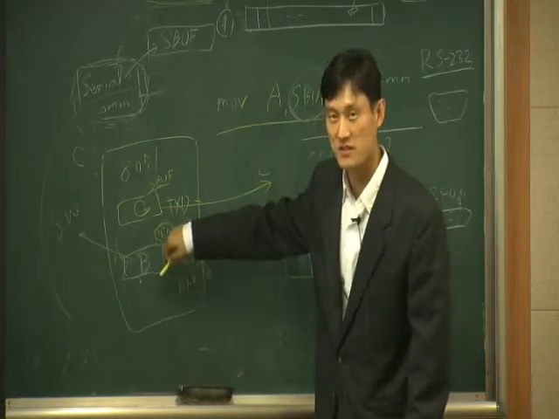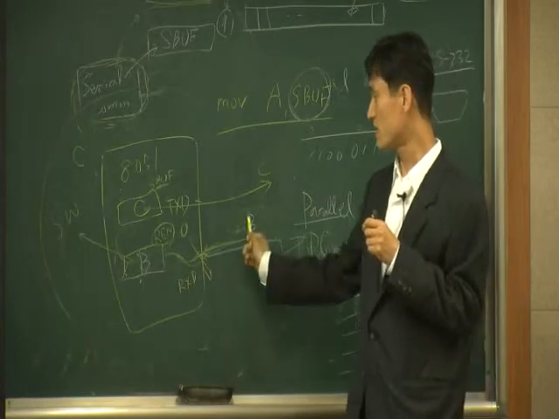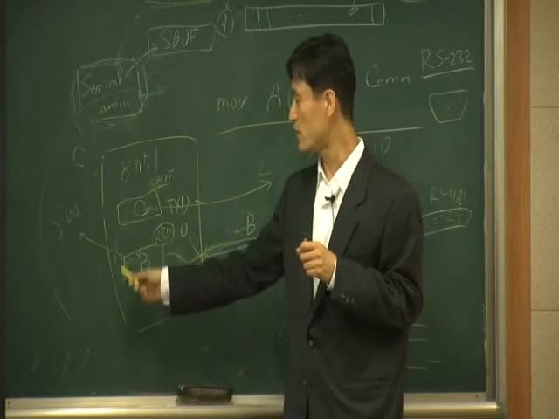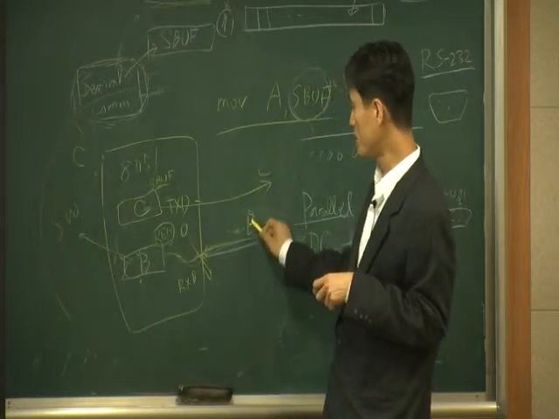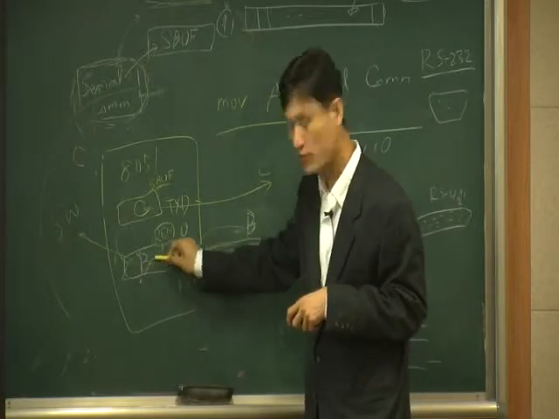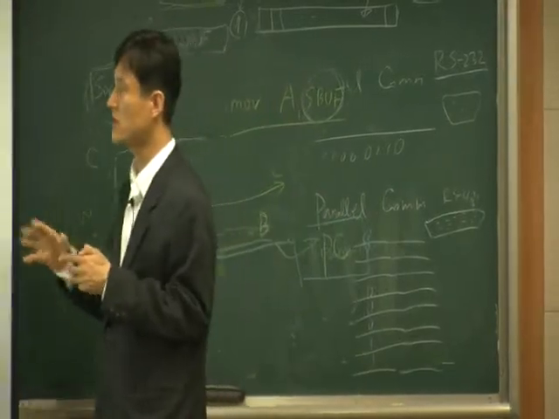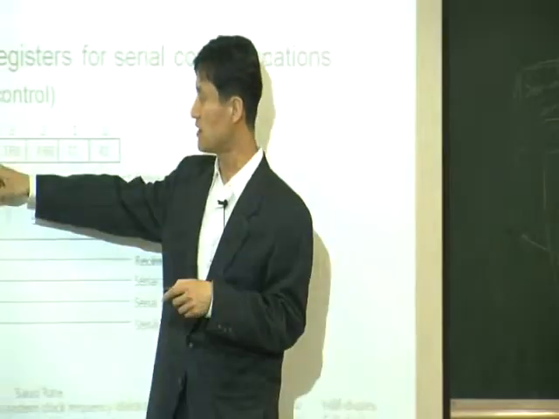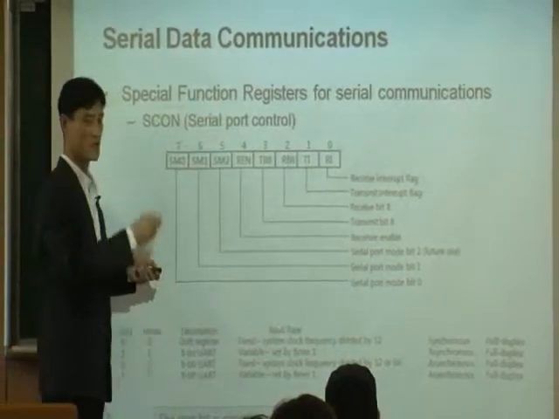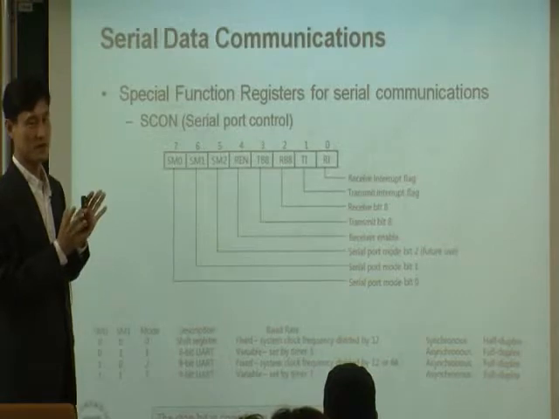If you want to receive some data, you have to enable it. Only when you enable it, whenever you receive B, this B goes into the memory, SBUF. So this bit is like a switch: switch on, switch off. Only for the receive part.